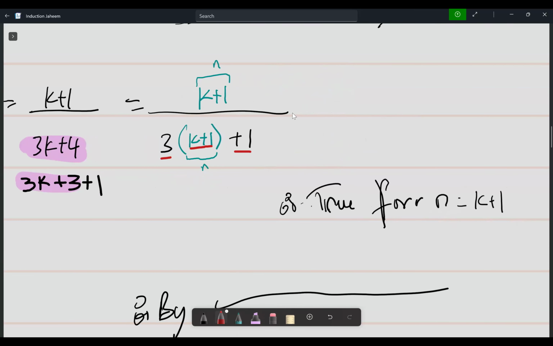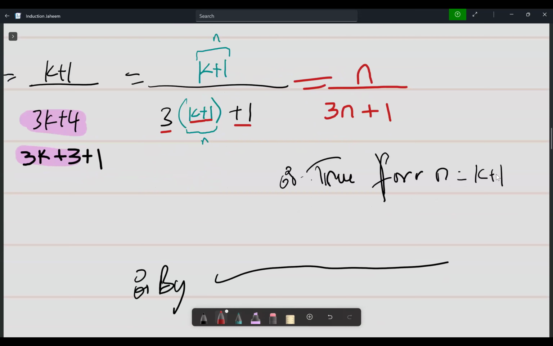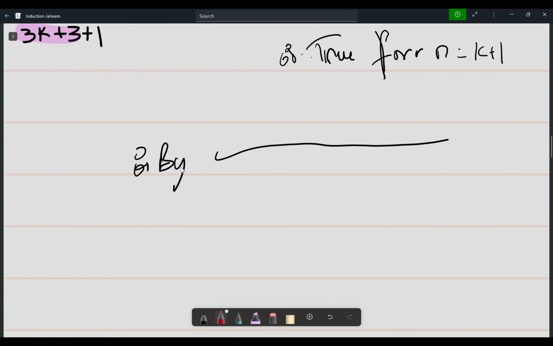Now that looks exactly like what we want. This looks like n, which is k plus 1, over 3n plus 1, which is what we were trying to prove. So therefore, it's true for n equal k plus 1. Then you have your conclusion.